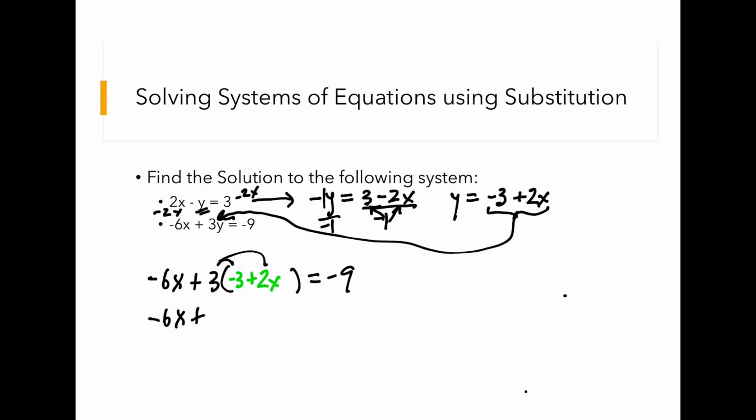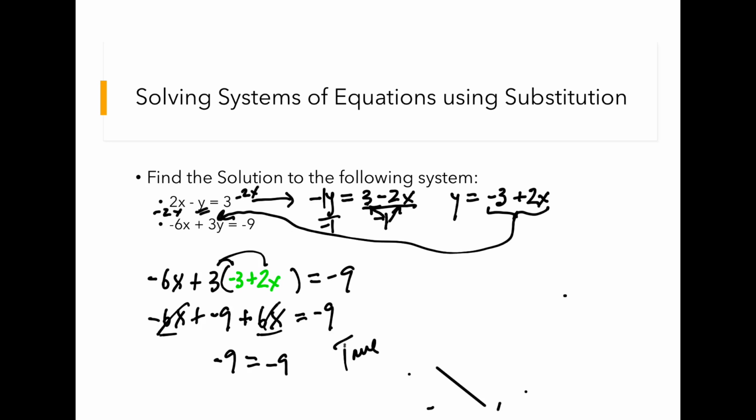Negative 6x plus negative 9 minus 6x equals negative 9. Notice that this is actually positive 6x. I have positive 3 times positive 2. So negative 6x and positive 6x eliminate, and I'm left with negative 9 equal to negative 9, which is a true statement.